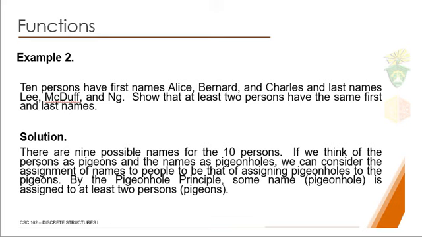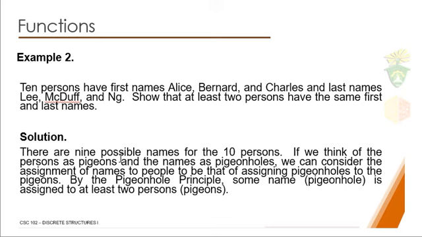So, this one. So, 10 persons now have first names Alice, Bernard, and Charles, and the last names Lee, Macduff, and Ng. Show that at least 2 persons have the same first and last names. Now, solution. So there are 9 possible names for the 10 persons.